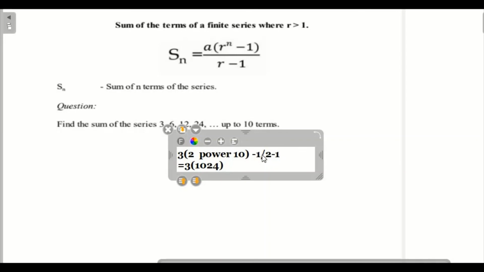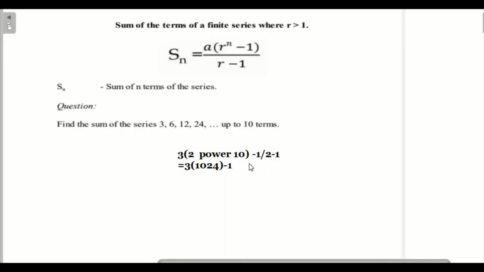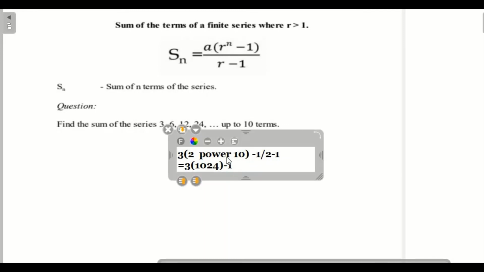Minus 1 divided by, so we have to divide the value. 2 minus 1 is 1. So the next step will be 3 into 1024.